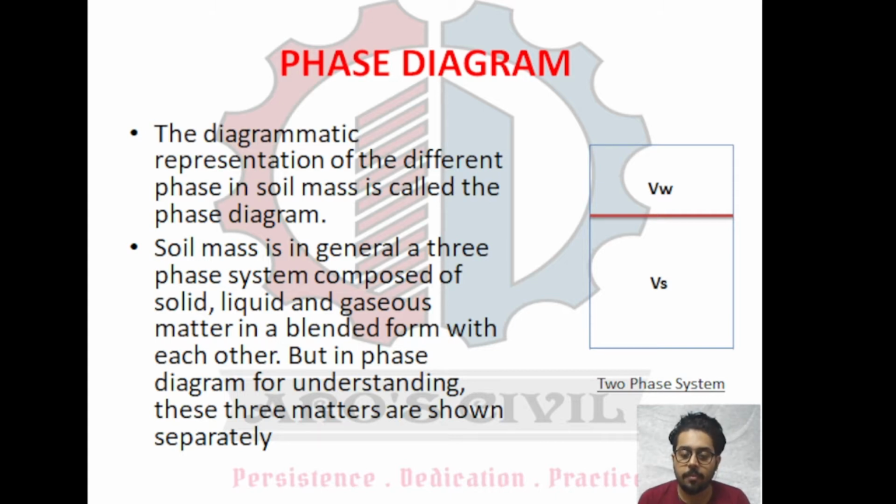Some amount of solid is present, in between air is present, then water is present, but for our study purpose we show the lower portion as solid, then water, then at the top the air portion. So the phase diagram helps to understand which phases, or how many phases, are present in a particular type of soil.